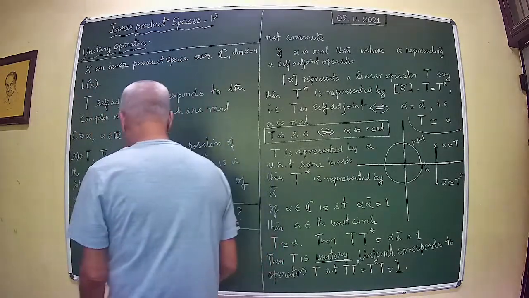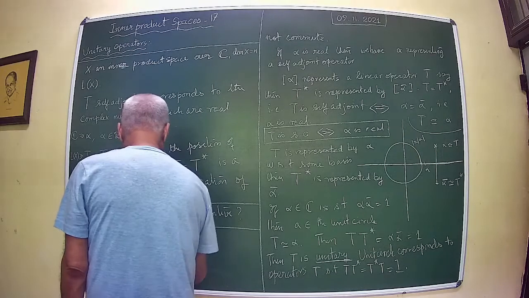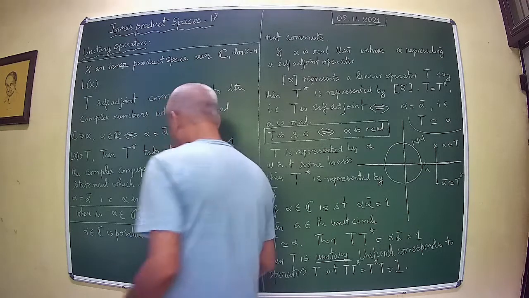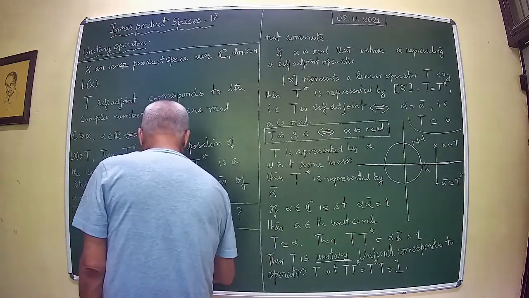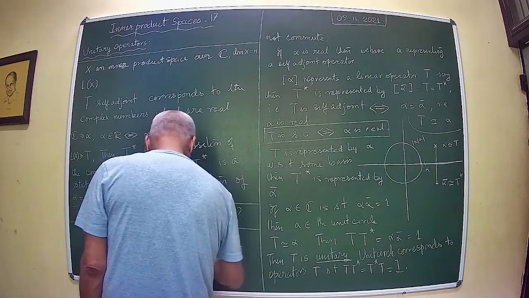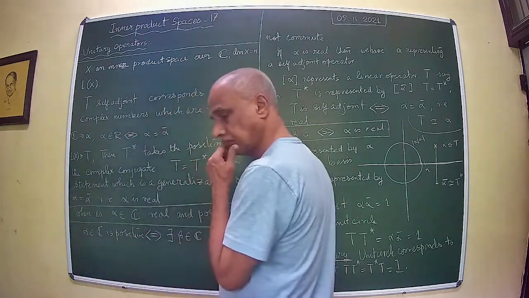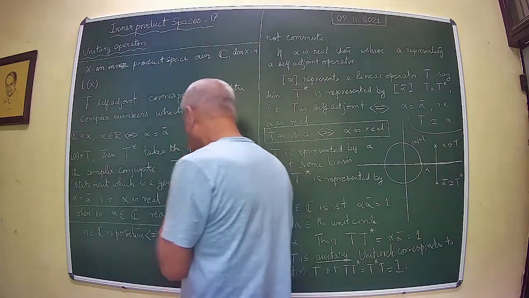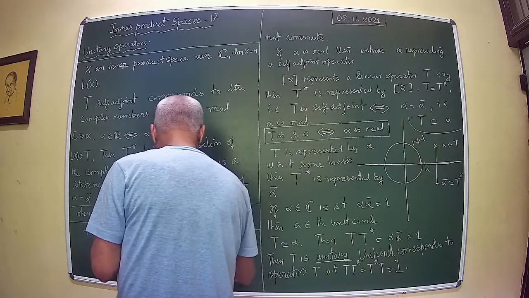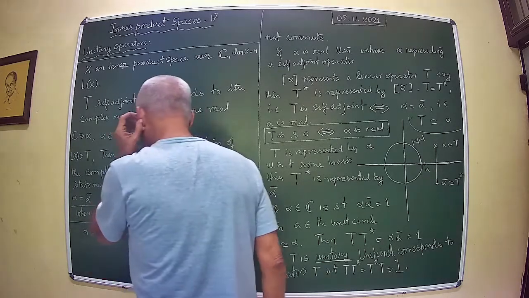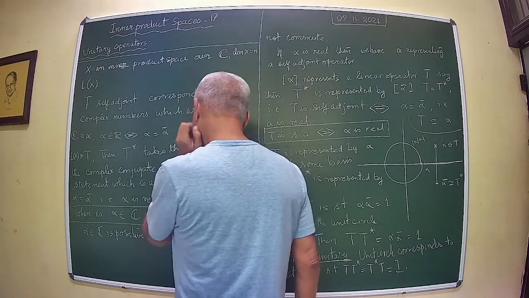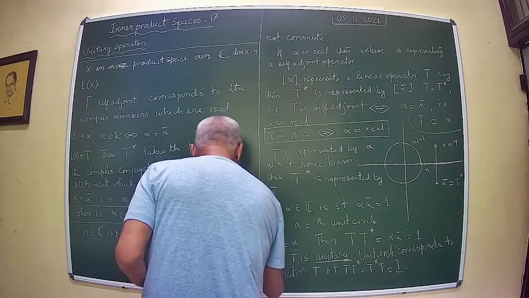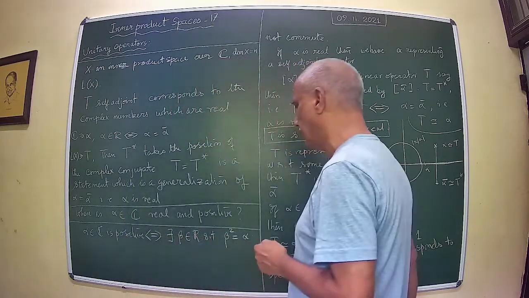Alpha is positive if and only if there exists a beta belonging to C such that beta square equal to alpha.